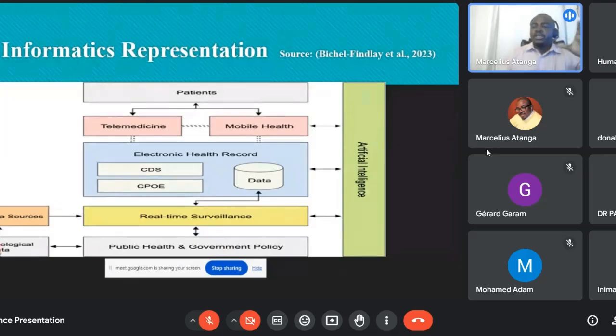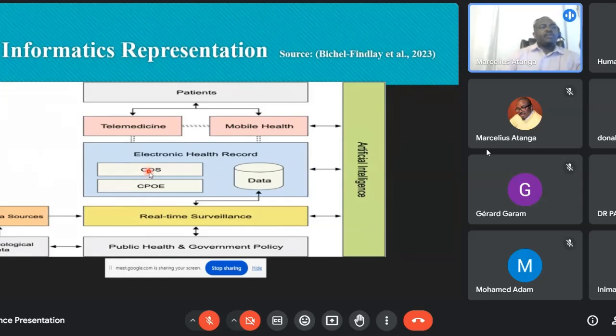We have epidemiological decisions. I hope we understand most of the decisions taken within the health community are epidemiological. When a medical doctor says you have malaria, he's trying to interpret the cutoff points laid down by epidemiological studies. So we need all this data to be able to make these decisions.